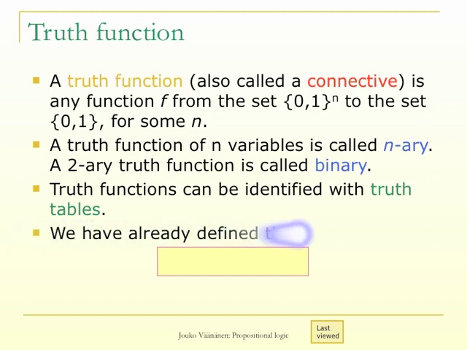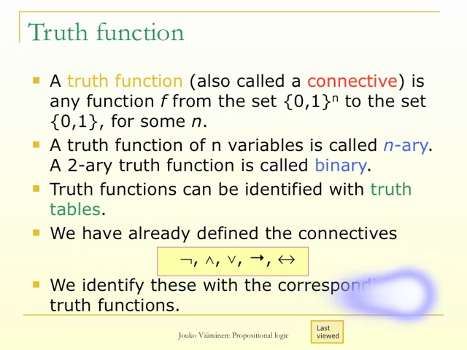We have already defined the connectives negation, conjunction, disjunction, implication, and equivalence. We identify these with the corresponding truth functions. So a connective is a symbol with certain meaning, but we can also think of it, indeed identify it with, a truth function.